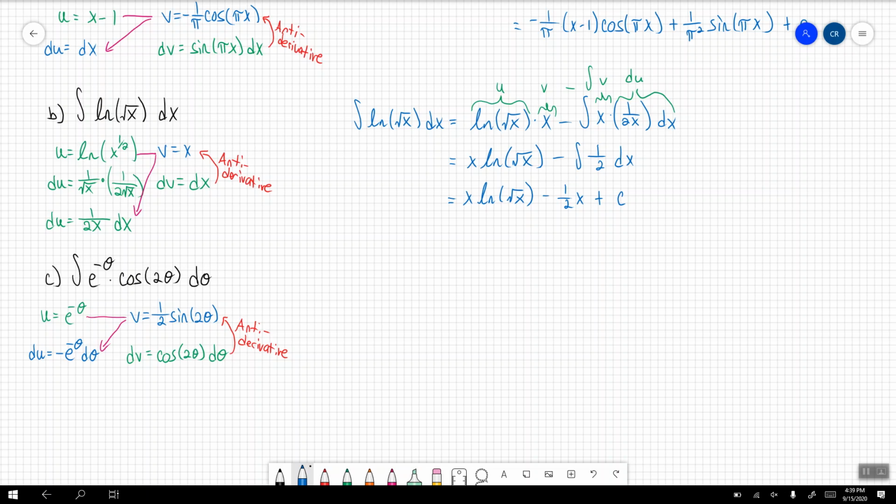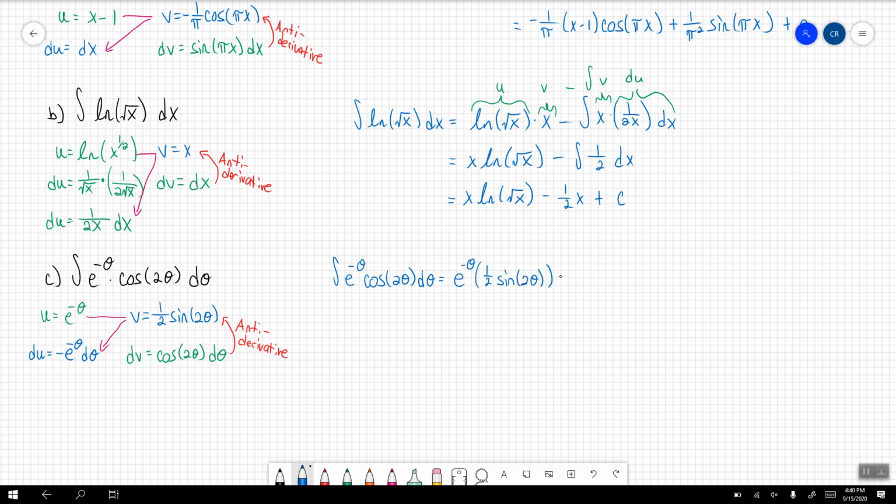So let's see. Here we have, again, this integral of e to the power of negative theta times cosine of 2 theta d theta. I need to go with u times v. So my u value is e to the negative theta times v, which is 1/2 times sine of 2 theta.